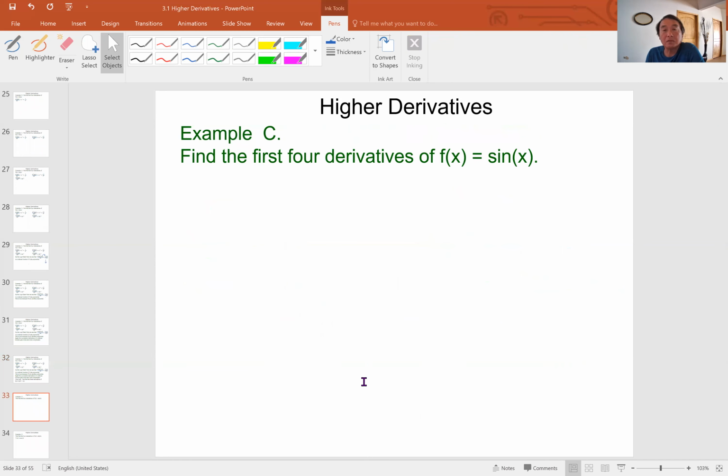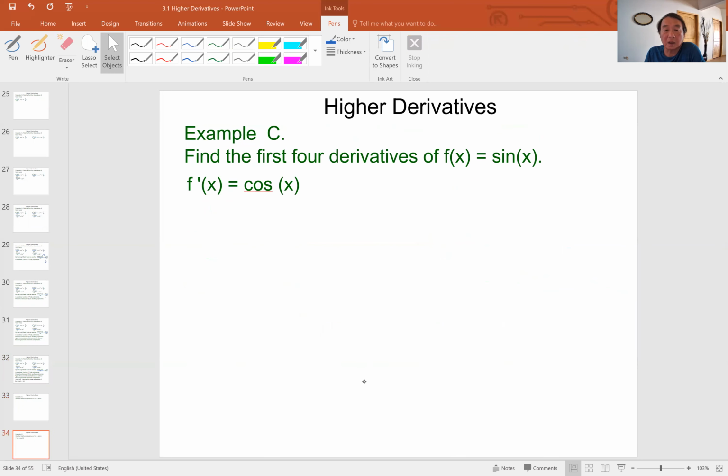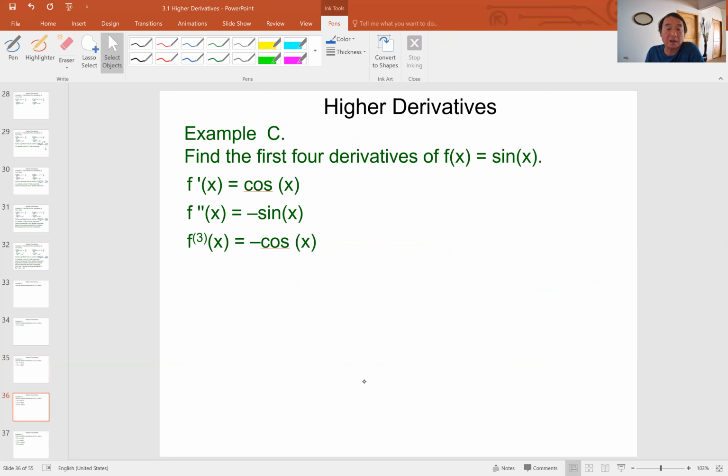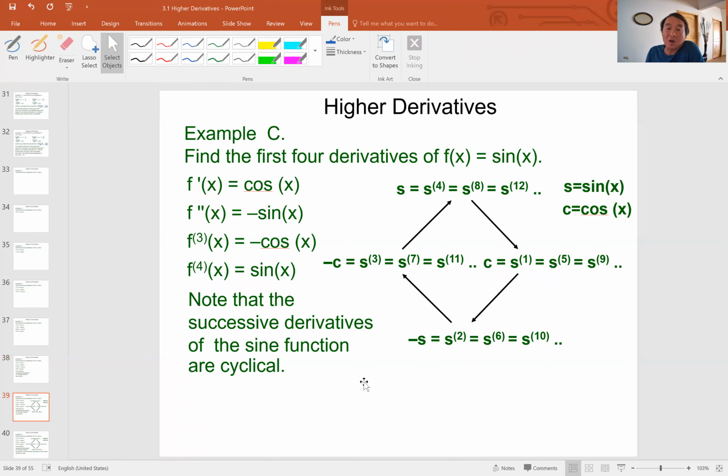How about trig functions? Trig functions go in cycles. The derivative of sine of x becomes cosine, then the second derivative is minus sine, the third derivative is minus cosine, and the fourth derivative goes back to itself. It's like going around a clock with only 4 hours, 1, 2, 3, 4, a cycle of 4. You can look at the cycles to decide a higher derivative. For instance, if I want to take the derivative of sine of x 103 times, that's easy.